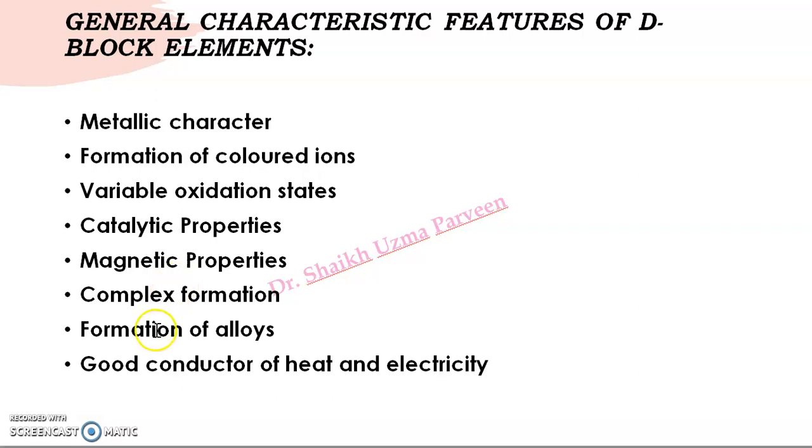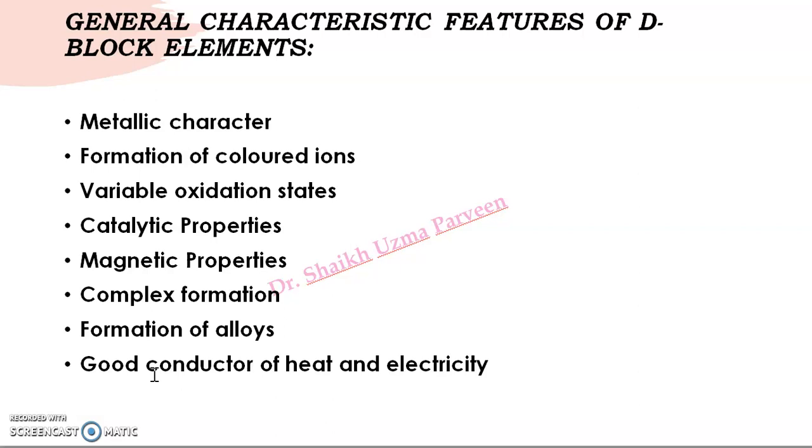Now, d block elements also show variable oxidation states, variable valencies in their compounds. This property of showing variable oxidation state is due to the fact that these elements have several n-1 d and ns electrons, and the energies of n-1 d and ns orbitals are fairly close to each other.